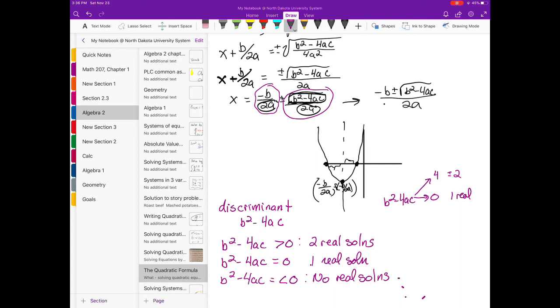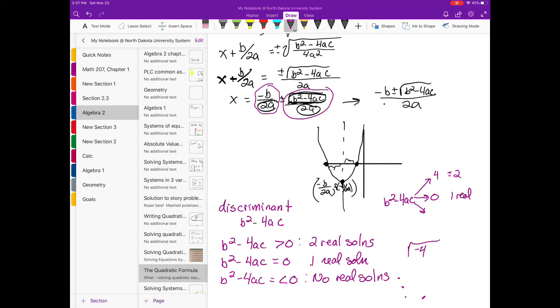The only solution is where the graph crosses the x-axis, and in this case it intersects in exactly one place, and that's at 0. It doesn't necessarily cross. Okay, and then b squared minus 4ac less than 0 means that we end up with something negative inside the square root.